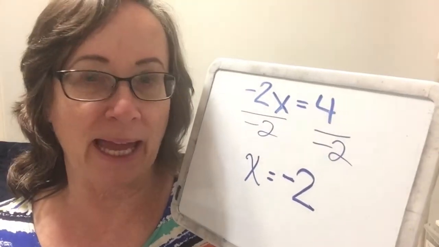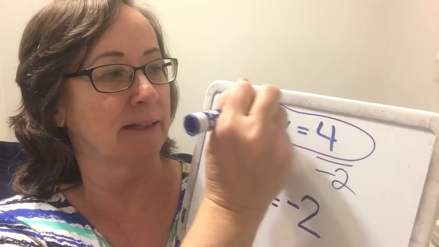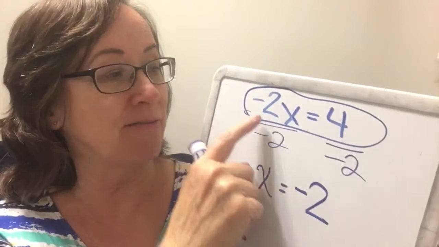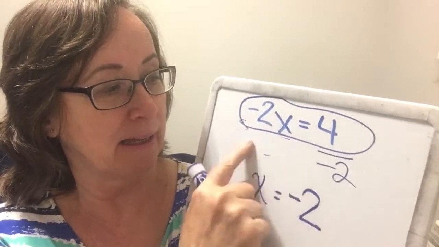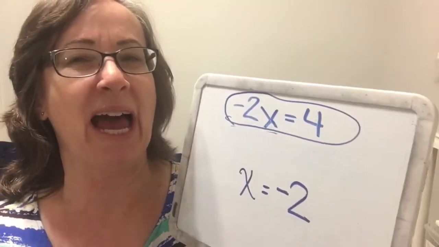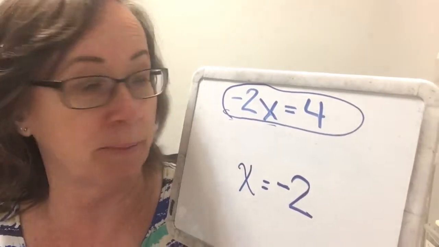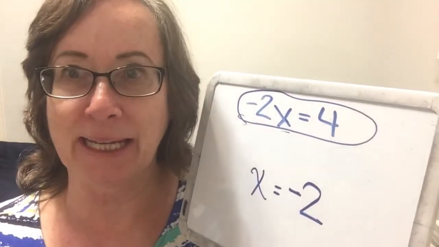The other way your book suggests is to start back right here. Since you're going to have to divide by a -2, to make it a little bit easier, they said, well, why mess with it? Why don't you, just at the very beginning of the problem, multiply everything by a -1?